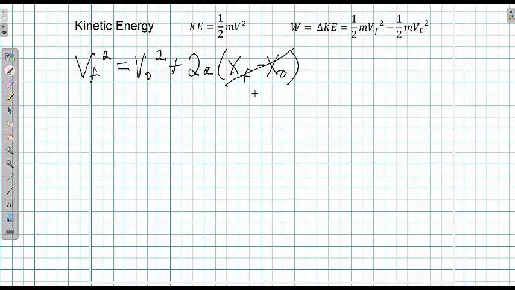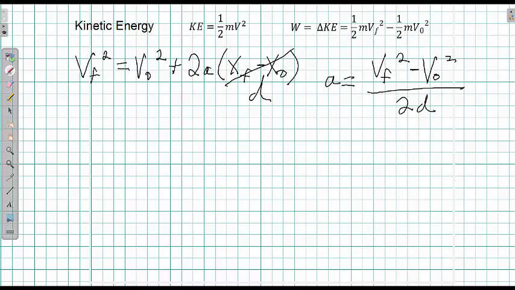That's just d. So putting that all together, we've got v final squared equals v initial squared plus 2ad. Go ahead and solve this for a. Your a is going to equal v final squared minus v initial squared, all over 2d.